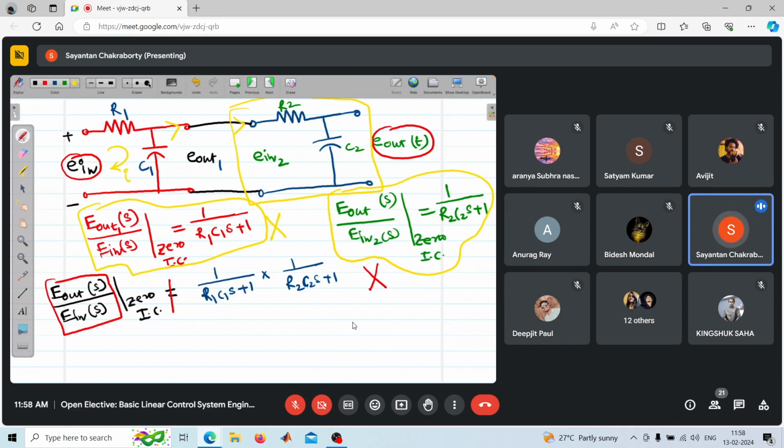Before going to that, I have to add that had there been an arrangement like this, like a voltage follower or an isolation circuit, that means no power is drawn from this output, and such an isolation circuit may be a simple voltage follower.